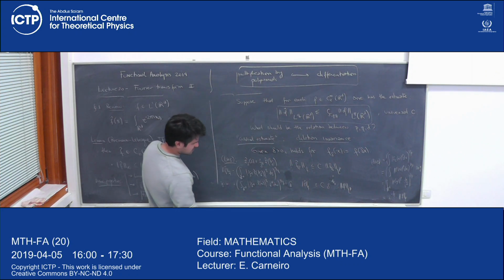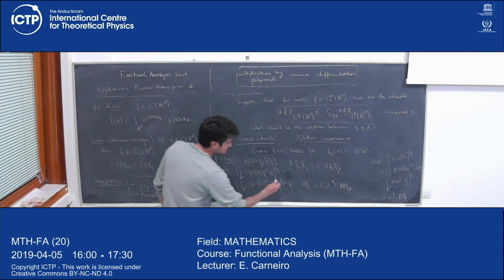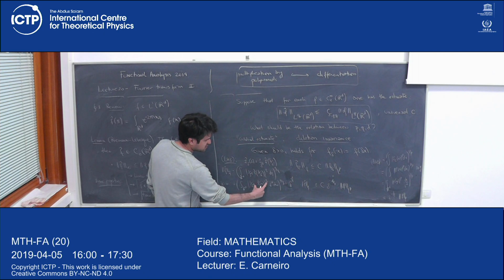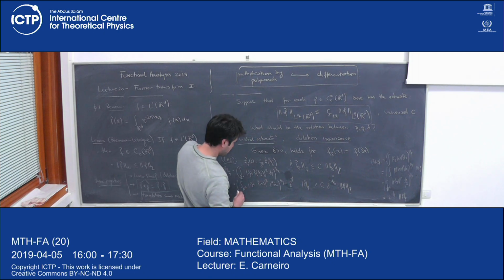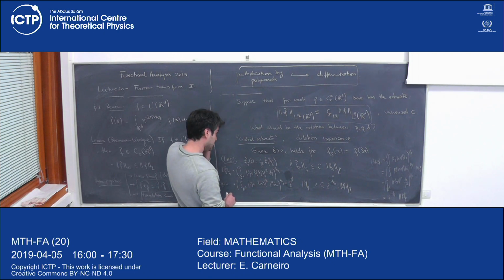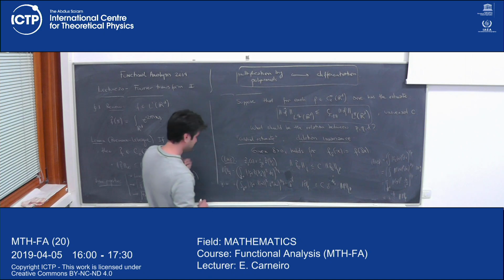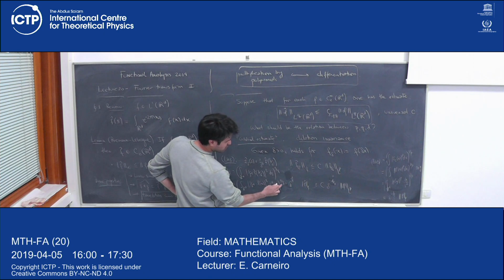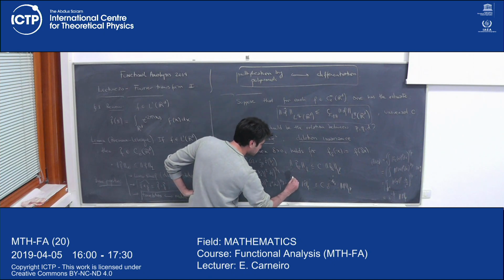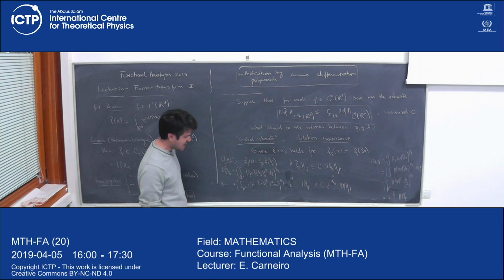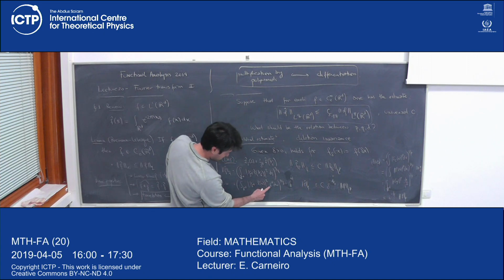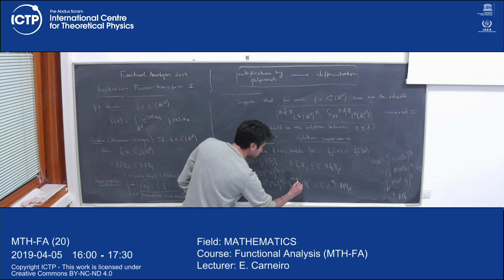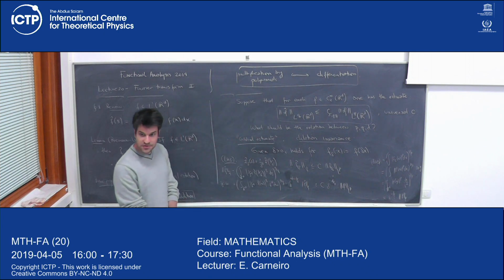I'm going to have delta to the minus d, and the other one will be this d that I raise to the q, so plus d over q, if I did the computations correctly.